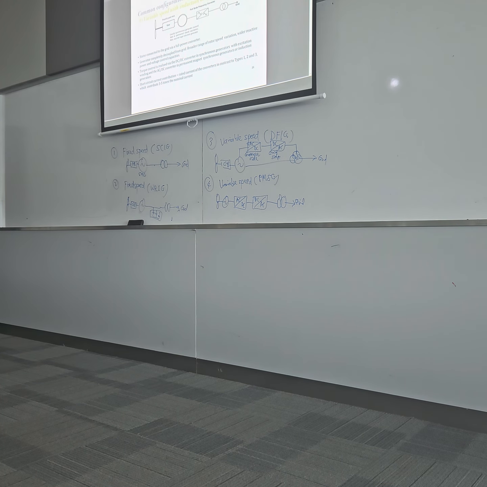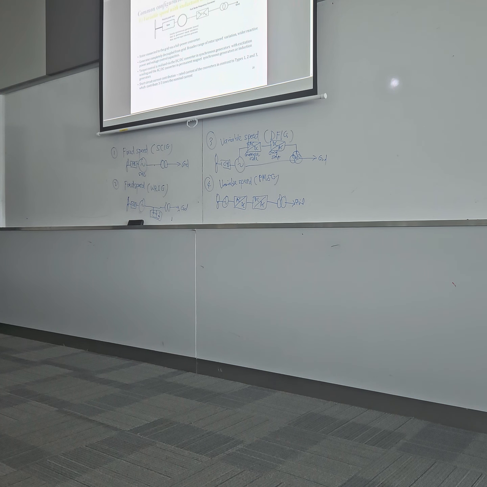So you have the full range of rotor speed variation, so you have wider reactive power control and voltage control capabilities. And the torque control again is via this DC-DC converter with excitation winding.